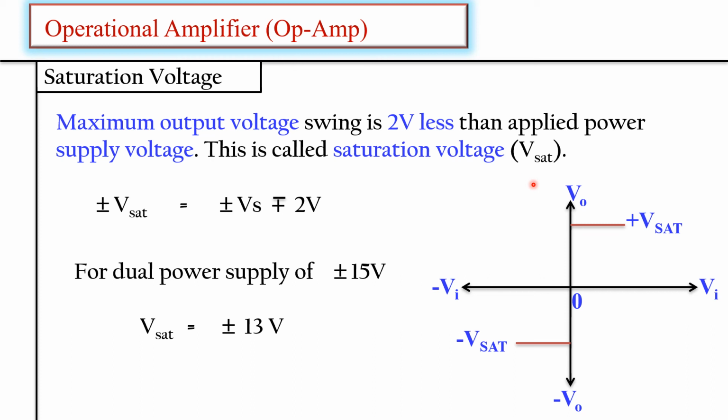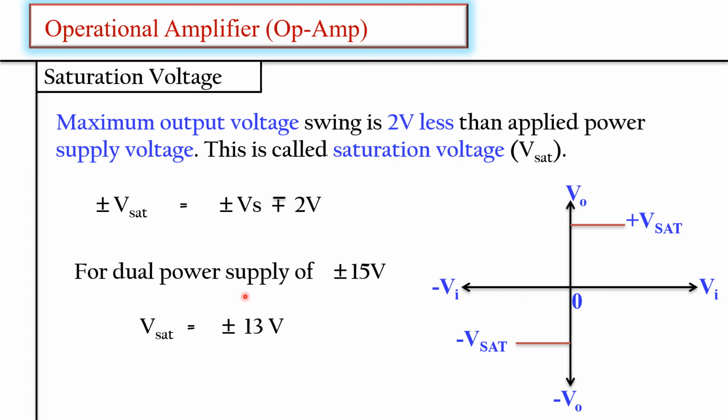How much biasing supply voltage do we apply? Plus VCC and minus VEE. Depending upon the specification of the op-amp, this supply may be plus minus 15 volt or plus minus 12 volt.